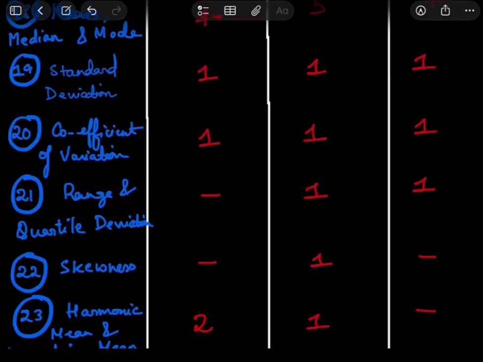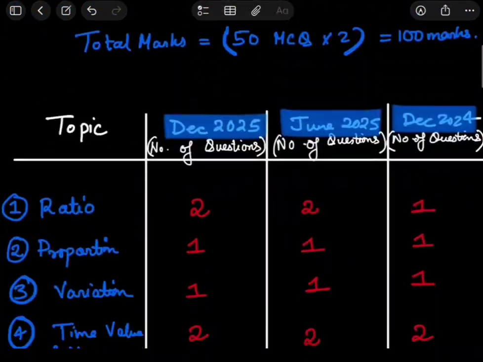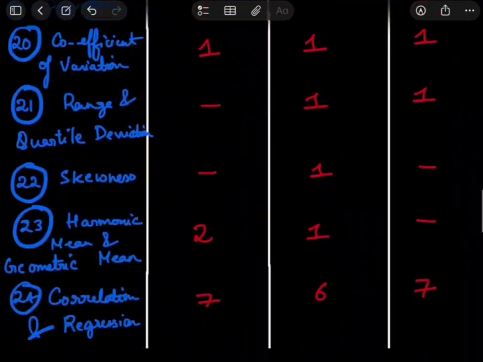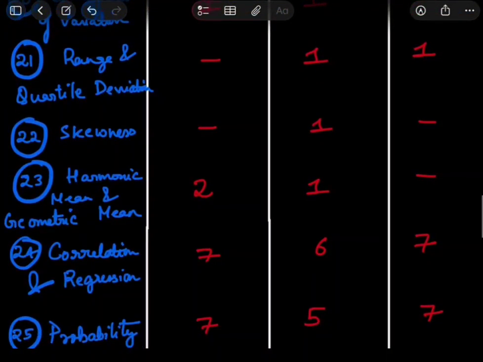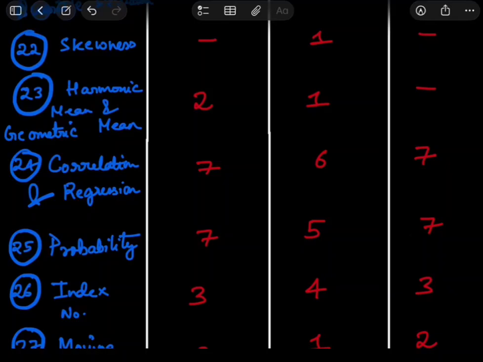Then we have the skewness part, in which they have asked a question only in the June 2025 term. Then we have harmonic mean and geometric mean, for which they asked 2 questions in the December 25 term and 1 question only in the June 25 term. Then we have correlation and regression, which is a very, very important topic, in which they have been asking approximately 6 to 7 questions in each term.